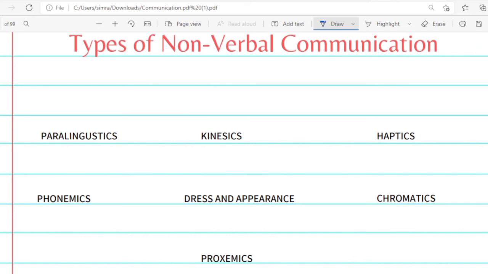So we'll continue with non-verbal communication in the next class. In today's class we have seen what formal and informal communication are, what internal communication is and its various types, and what external is. Next class we'll start with non-verbal communication.